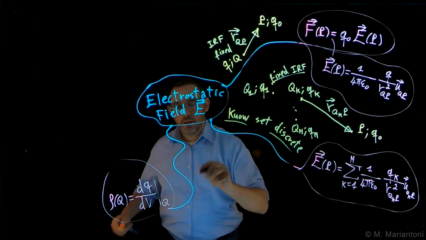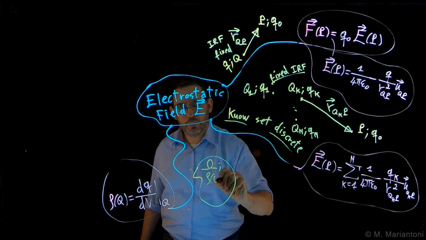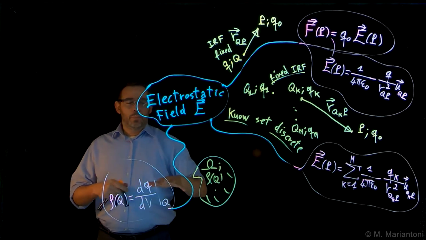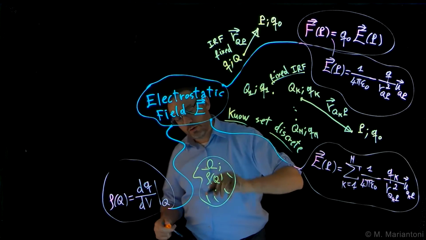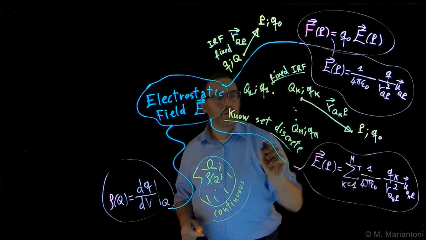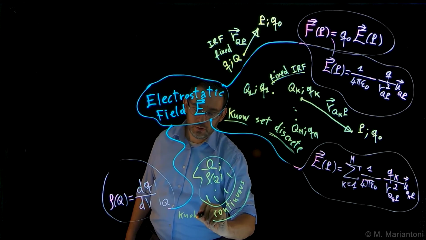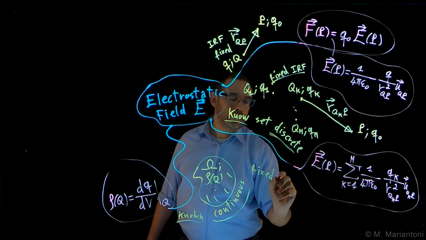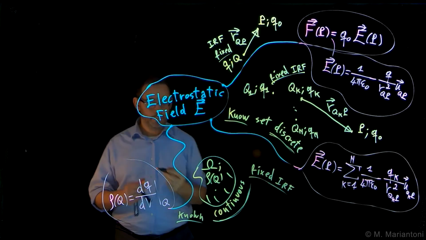This is for a region capital omega characterized by a rho at any point capital Q in that region. These are continuous, to distinguish them from the discrete charge distributions, and these are also known and fixed in an inertial reference frame, as in all these other cases.